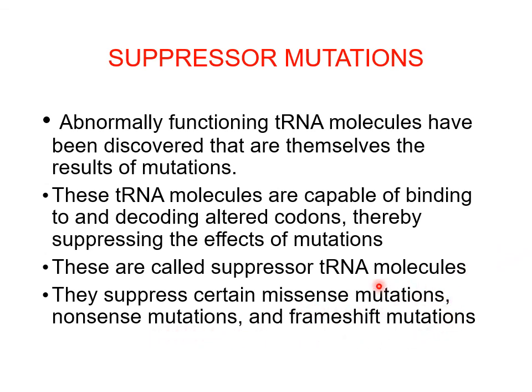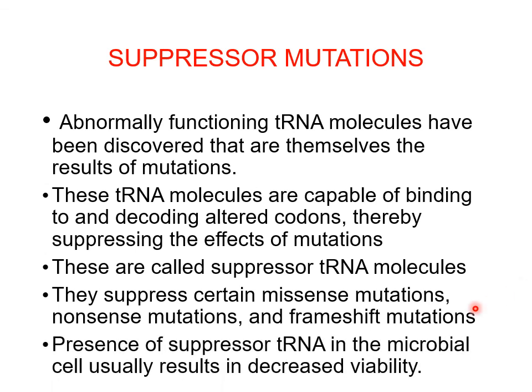So such tRNA molecules are called suppressor tRNA molecules. However, these suppressor tRNA molecules are not capable of differentiating the normal codons and the mutations. Therefore, the presence of these suppressor tRNAs in microbial cells has been found to decrease the viability of these microbes.